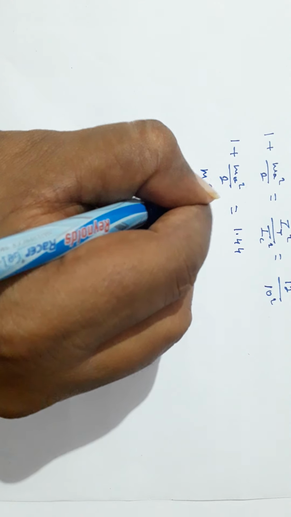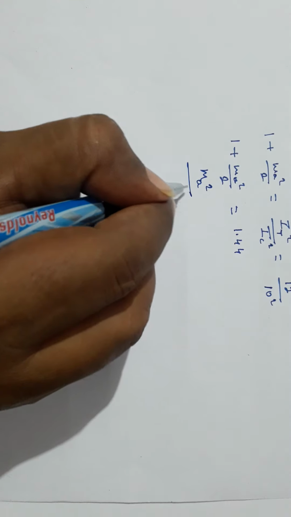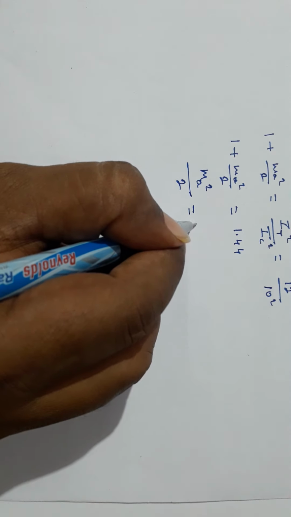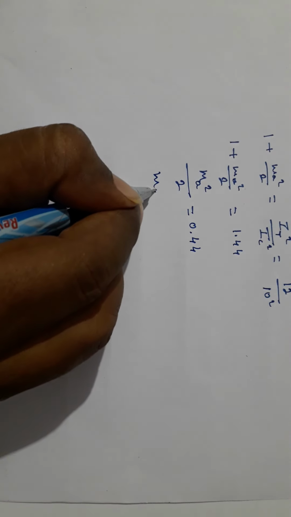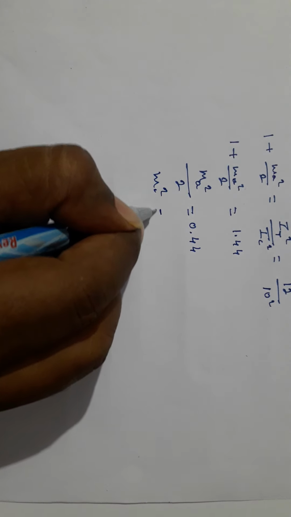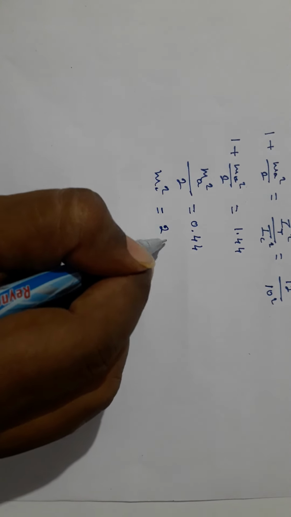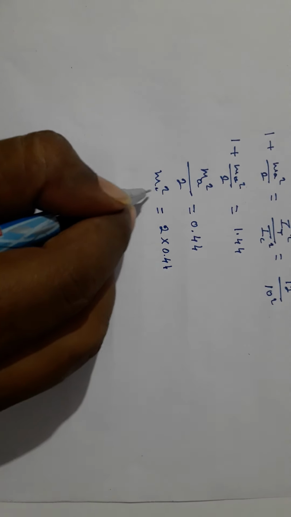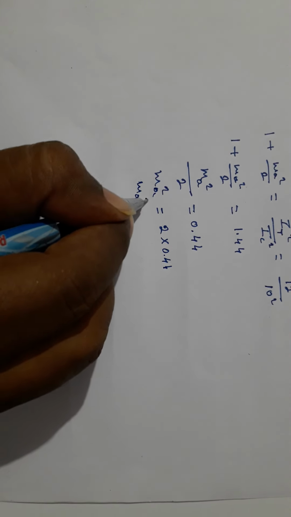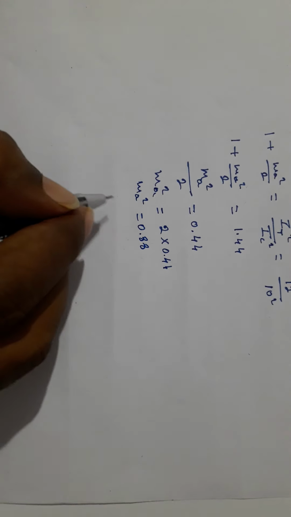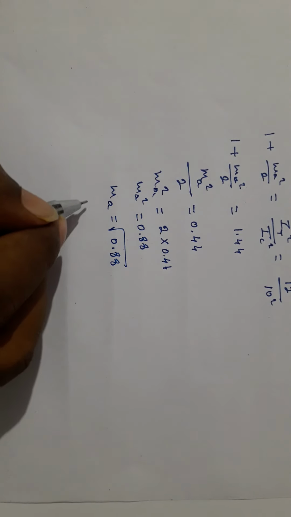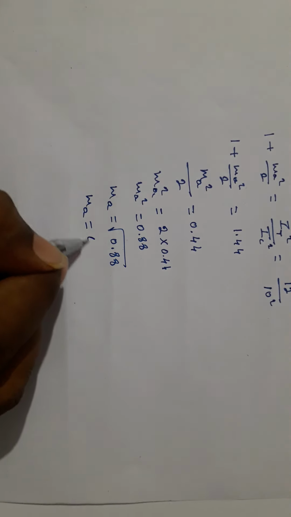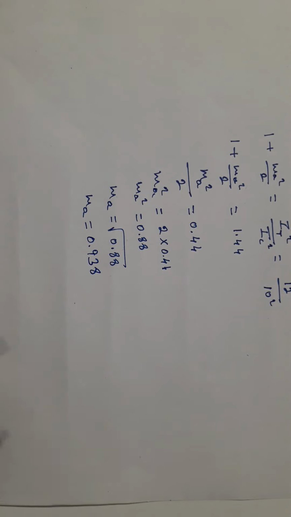Next, Ma square by 2 equals 0.44. Therefore, Ma square equals 2 into 0.44, so Ma square equals 0.88. Therefore, Ma equals square root of 0.88, so Ma equals 0.938.